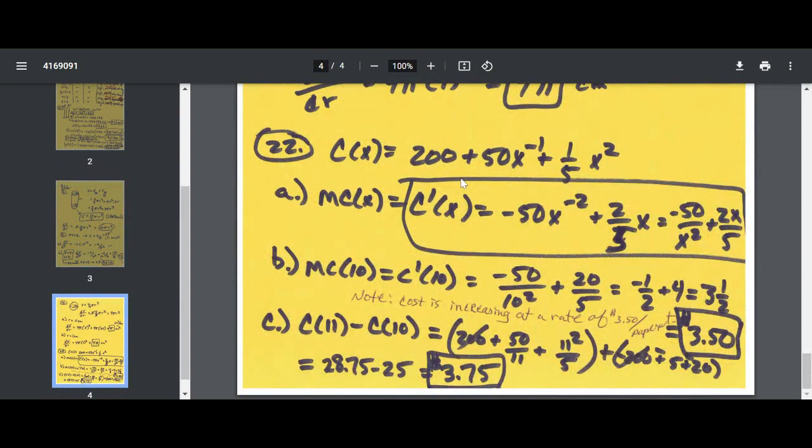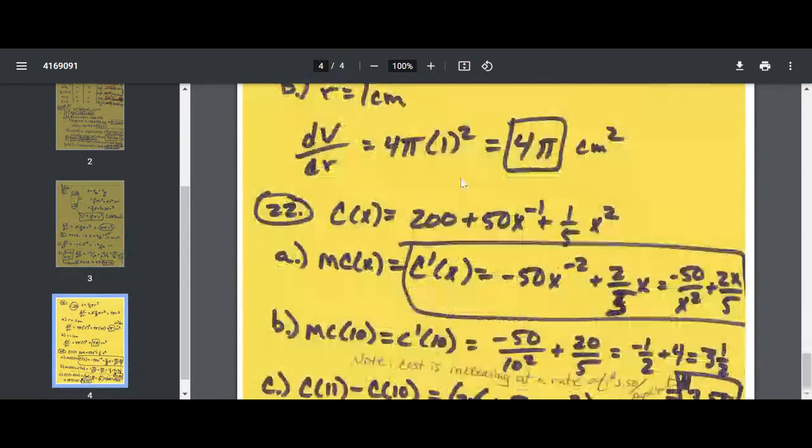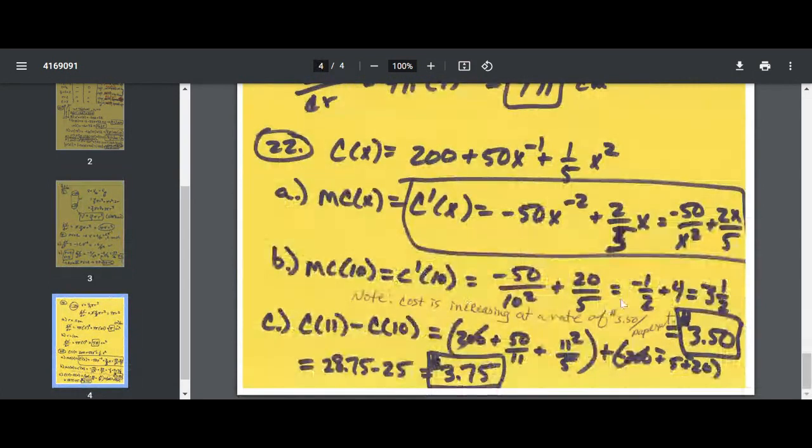Yeah, it was $3.75 there. But on number 22, that marginal cost or C prime at 10 was a positive number. Since it's positive, it's a rate of change, so we could also write this as dC/dx.